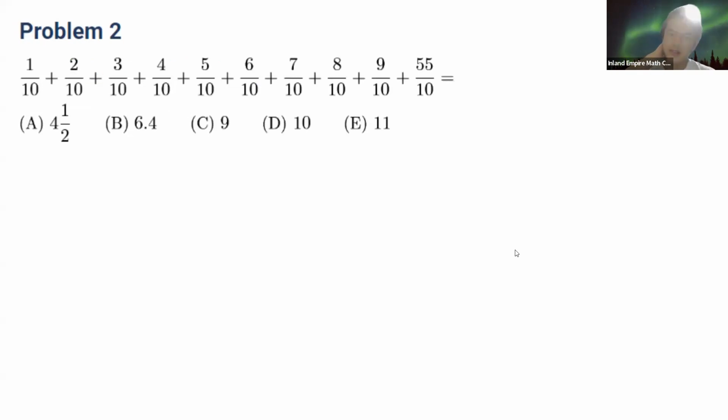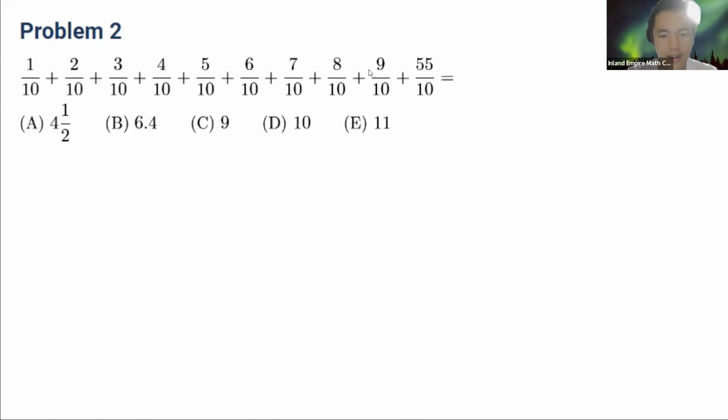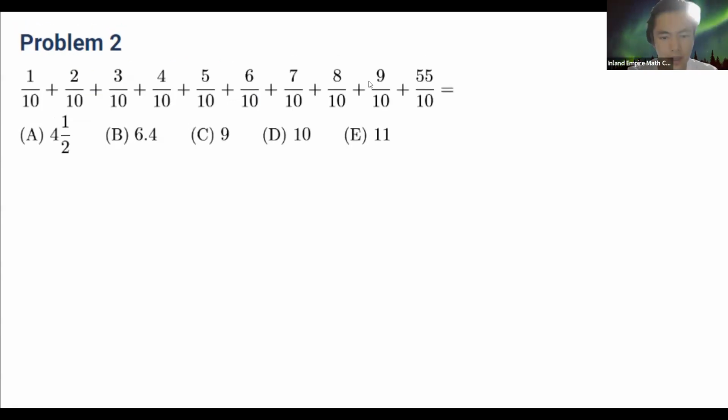Question two. What do we get for this question? Okay, Kemi says D. Bella says D. Esther says D. Okay, so I think we have a pretty fair vote on D. Would anyone like to share their thought process? Esther, would you like to show us how you solve this question?